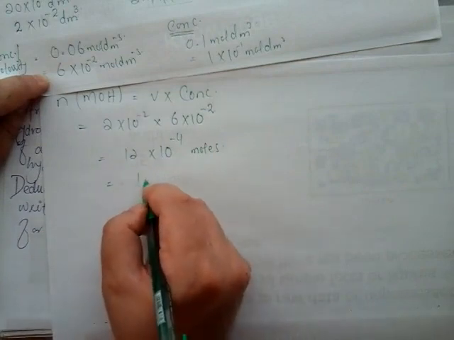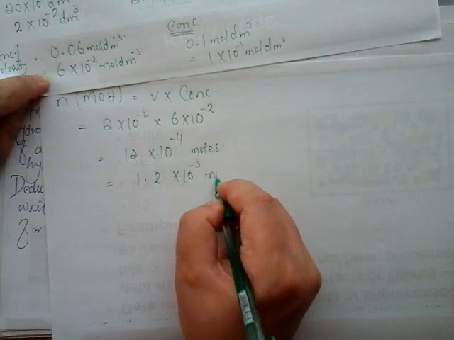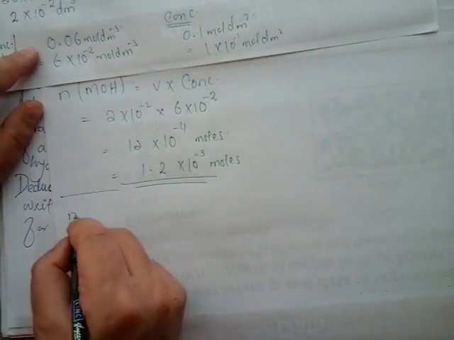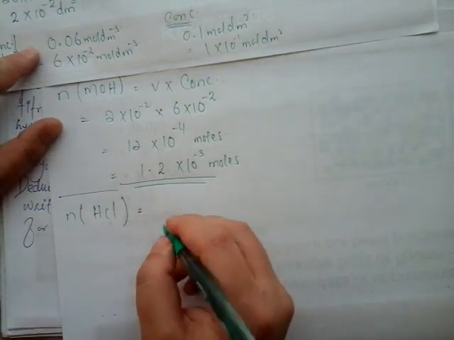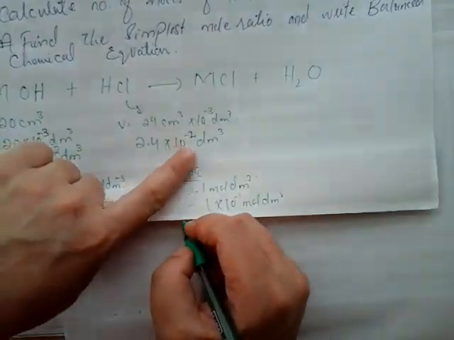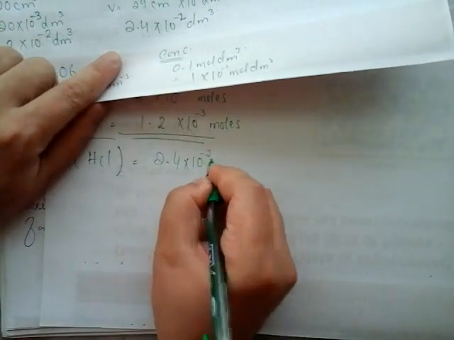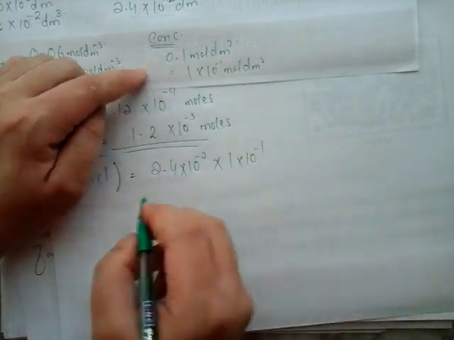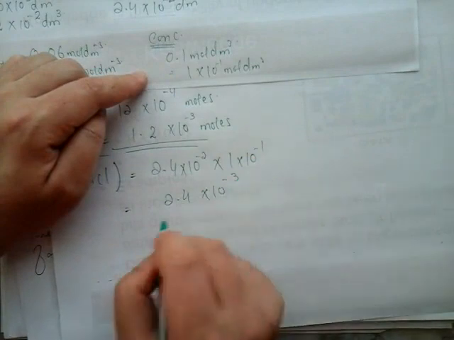I can also write this in standard form as 1.2 into 10 raised to power minus 3 moles. Is that clear? In the second case, we can find the moles of hydrochloric acid, which is equal to its volume, 2.4 into 10 raised to power minus 2, and concentration, 1 into 10 raised to power minus 1. So 2.4 into 10 raised to power minus 3 moles.